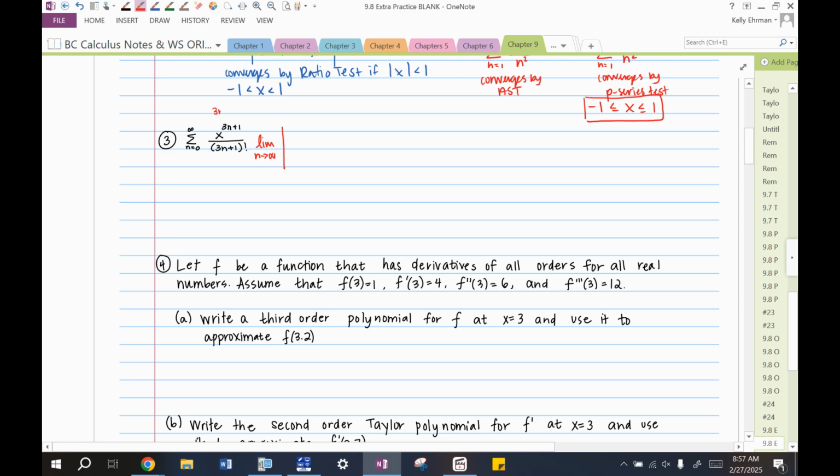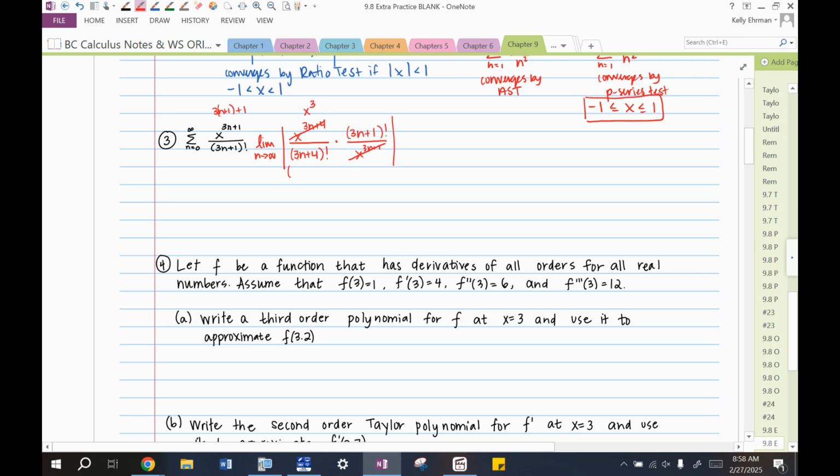All right, next one, the limit as n approaches infinity of the absolute value. So remember, you're plugging n plus 1 in for n. So this will become 3n plus 3 plus 1. So this will become x to the 3n plus 4 over (3n plus 4) factorial. We're multiplying that by the nth term, which is (3n plus 1) factorial over x to the 3n plus 1. So these will cancel to x cubed because 4 minus 1 is 3.